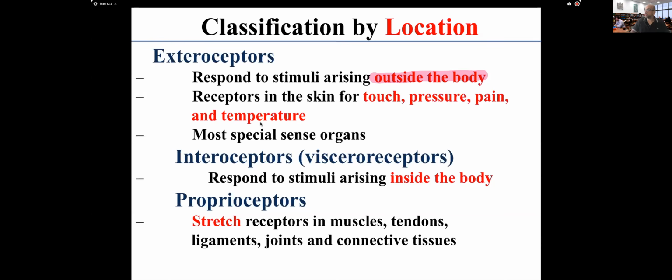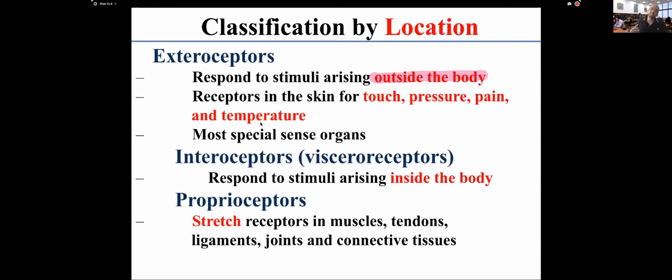interoceptors or visceroceptors, those are detecting changes in the internal environment inside the body. Like, for example, detecting the blood sugar level, detecting my blood pressure, detecting the sodium concentration in my blood, the blood calcium levels, and so on.